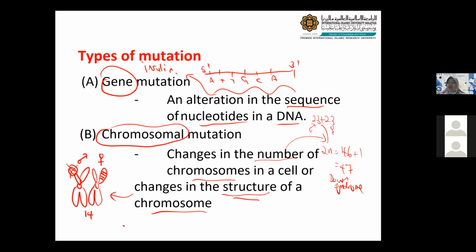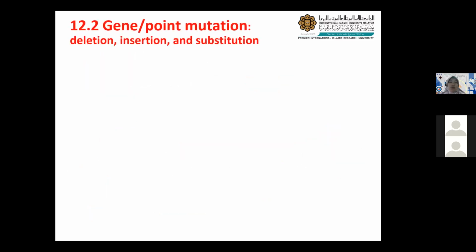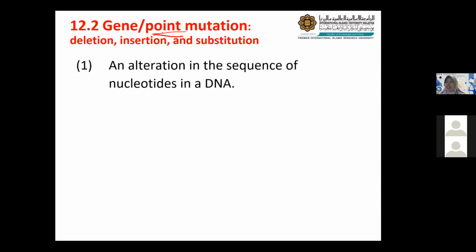Okay. So we are going to discuss first gene mutation. Another name of gene mutation is point mutation. Point, meaning it happened at a specific nucleotide sequence. So gene mutation involves deletion, insertion, and substitution. Substitute, bertukar.